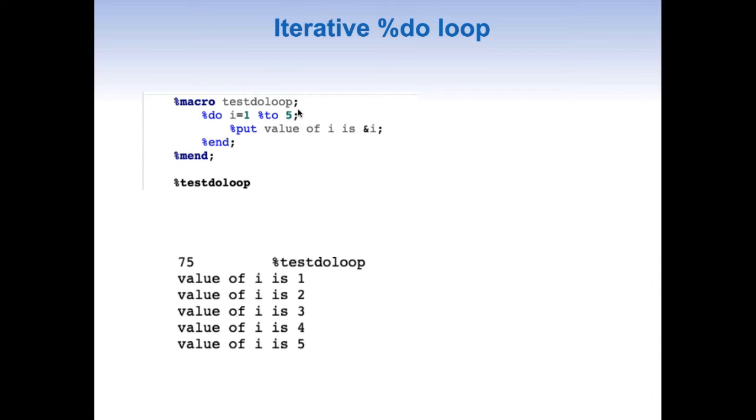Whenever we don't give by, it means we want it to increment by 1, and we can have any statements in here. In our case, we are trying to put the value of i to the log, and %end. So %do, %end is the same, and instead of to we have %to.